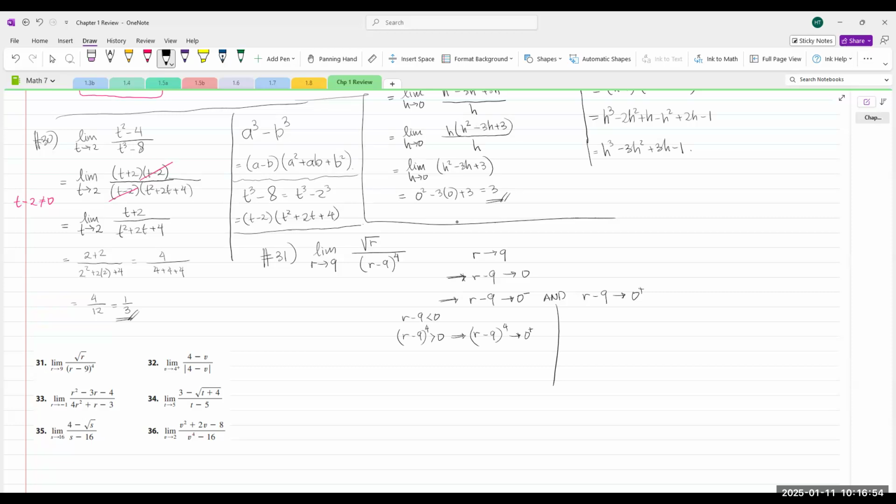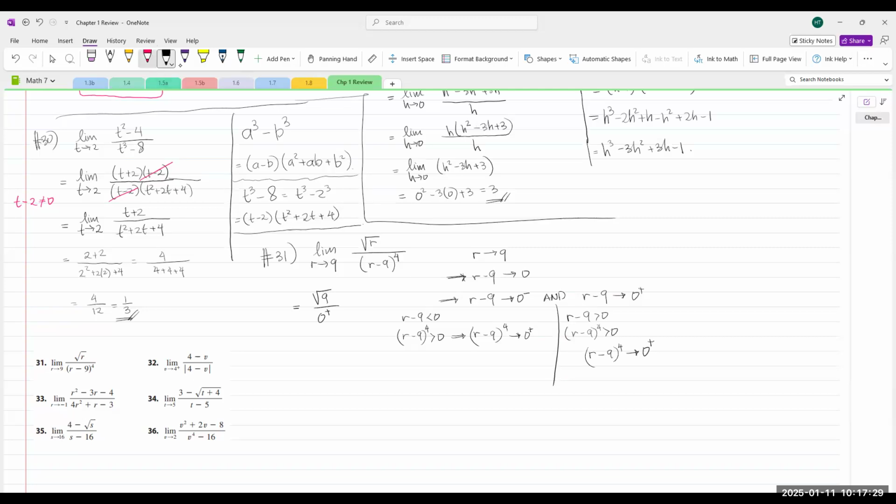Likewise, if r approaches 9 from the right-hand side, r minus 9 is positive, which means (r minus 9) to the fourth is also positive, approaching 0 from the positive side. Now, when I plug that in, I will get square root of 9 over 0 positive.